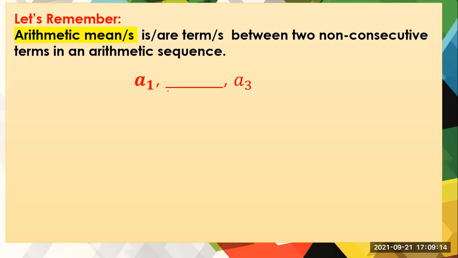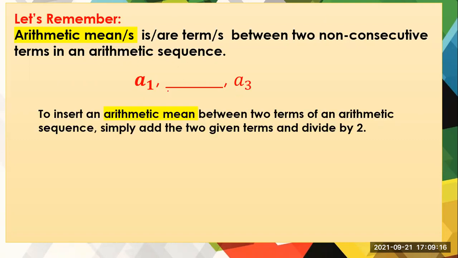mean. To solve for the arithmetic mean of an arithmetic sequence, simply add the two terms, the first and the last term, and then divide it by 2. Okay? So for this one, arithmetic mean is equal to the third term plus the first term divided by 2. Let's have some examples.